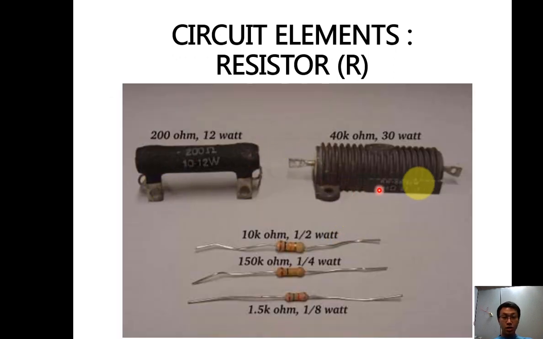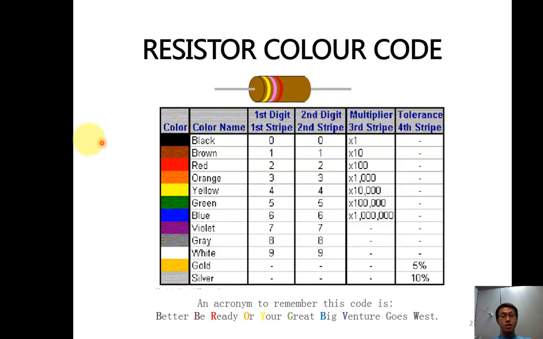This is a fixed resistor. Fixed resistors come in different wattages. This is 1/2 watt, 1/4 watt, 1/8 watt. Ohms are also different, so we have different value bands as well. This is the resistor color code, and every color is representing a different value.